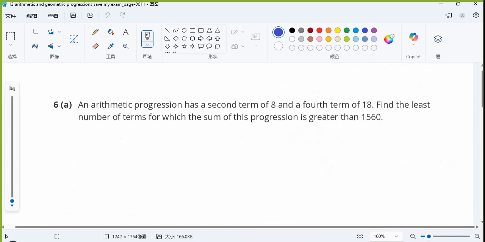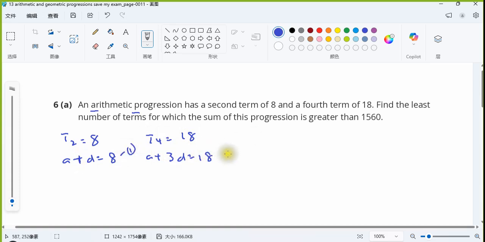Question number 6a, we have an AP and the second term is 8. So T2 is 8, and then a plus d equal to 8. And the fourth term is 18, so a plus 3d equal to 18.